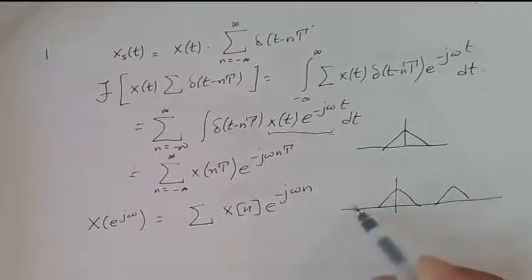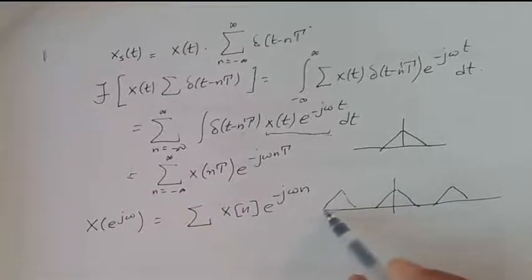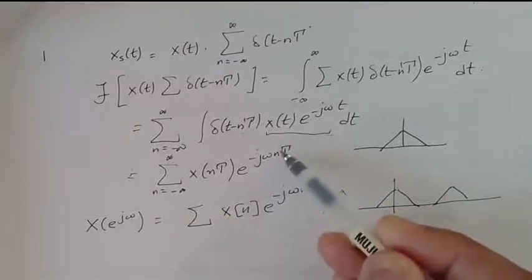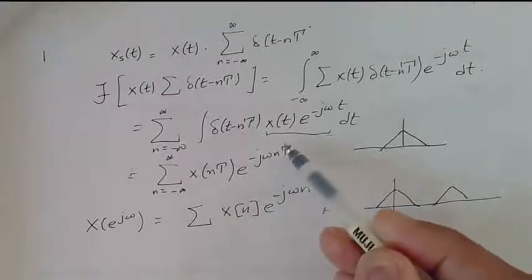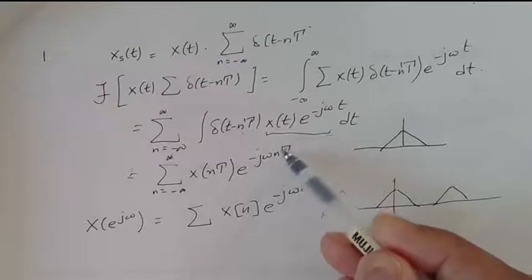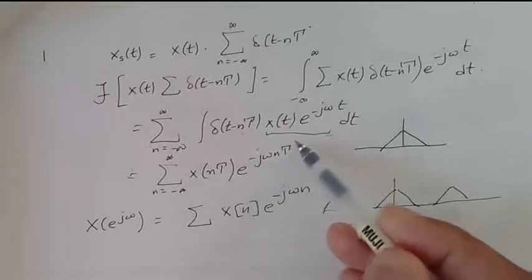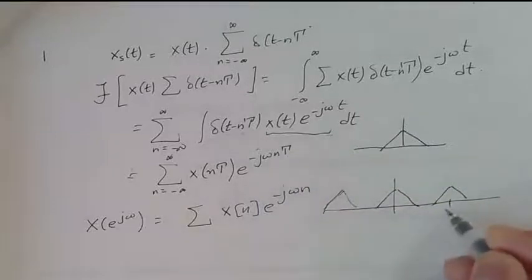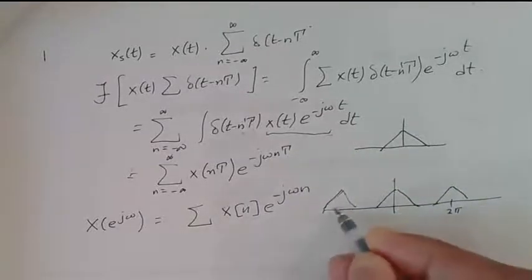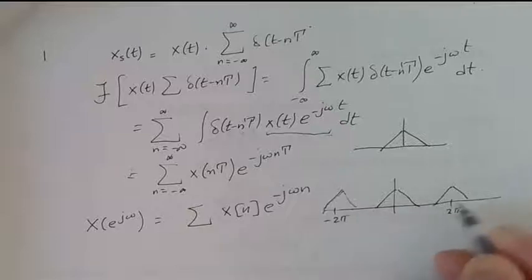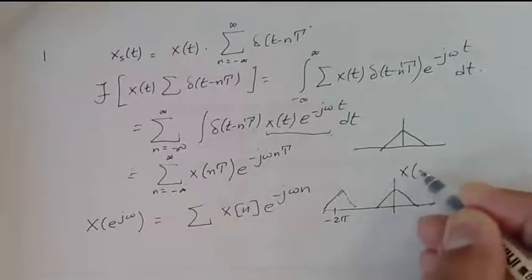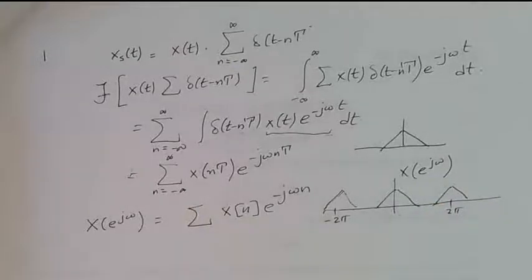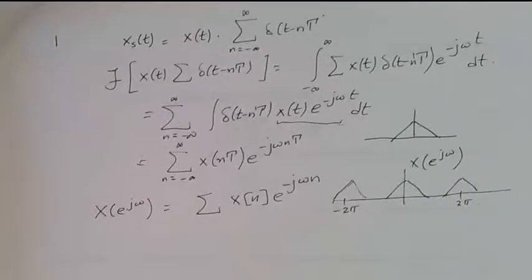The replicas will occur because we normalized cap T to 1, and the sampling frequency then becomes 2 pi over cap T, so the replicas will occur every 2 pi. So this is x of e to the j omega, the discrete time Fourier transform.